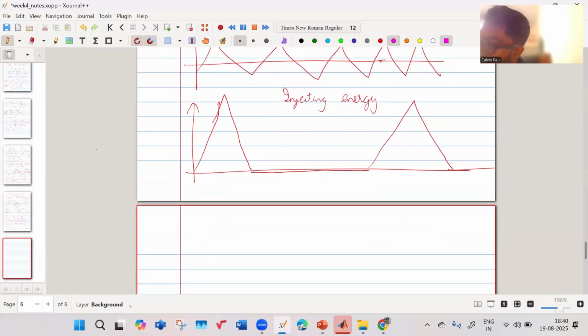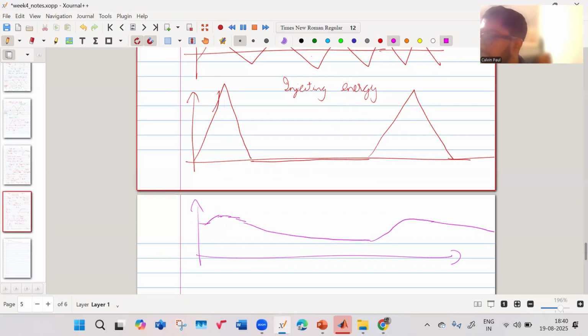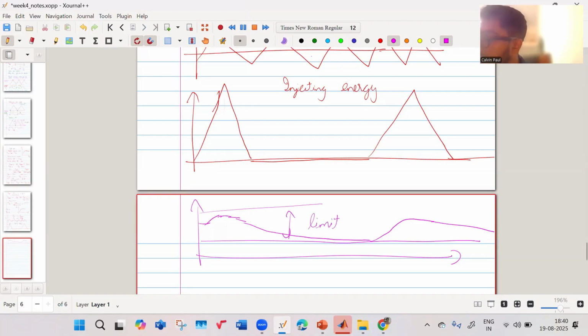Okay, and what will happen is your output voltage, if it's a buck converter, could be like this, and then it would decay, and again it will rise for some time, and then again decay. But it will be within the limits specified.